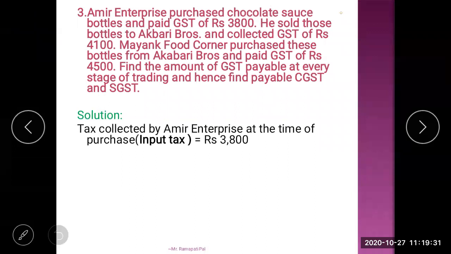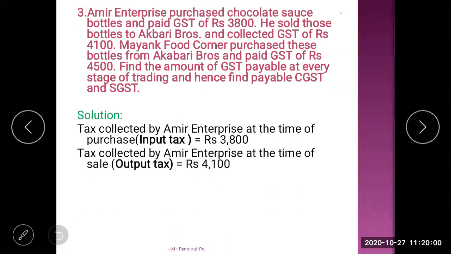Yes or no? So Amit Enterprises purchased the chocolate, that is input tax, 3,800. Now when they sell this chocolate sauce, then it is output tax.